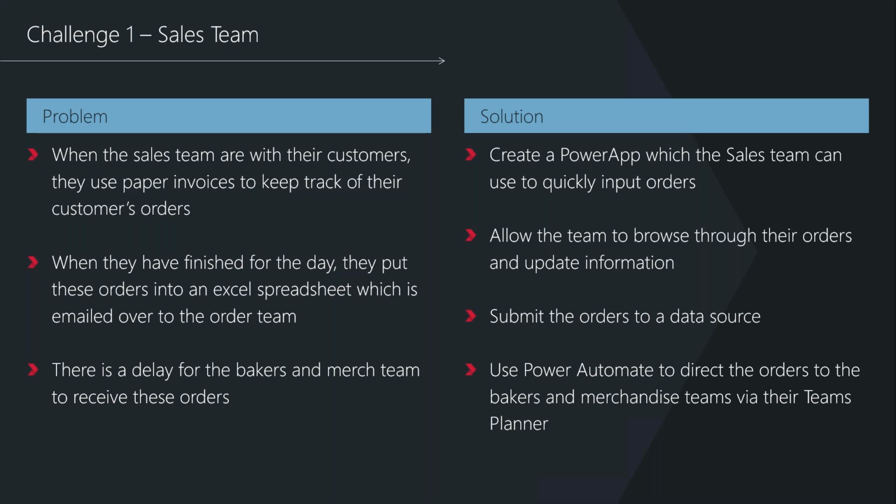When they're finished for the day, all of their orders go into an Excel spreadsheet, and then that's emailed over to the order team or the finance team. Then we want these orders to go directly to the bakers and the merchandise team to process the orders. However, there's a delay for this to happen because we have to wait for the sales team to get time to upload them into Excel.